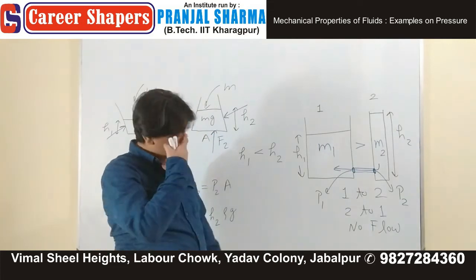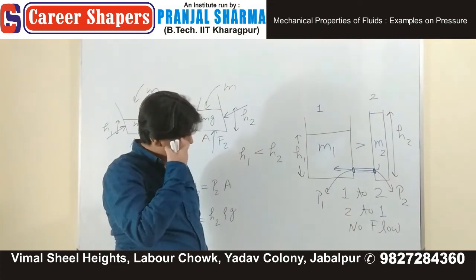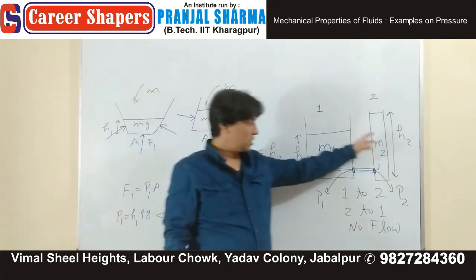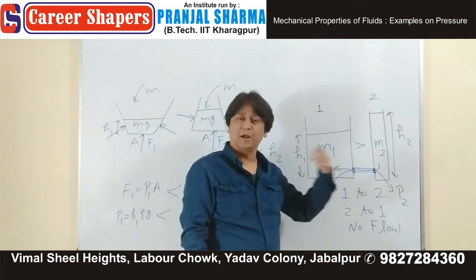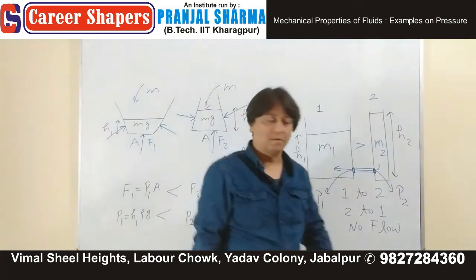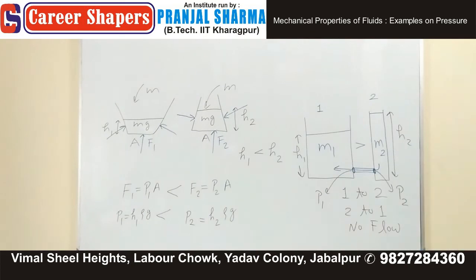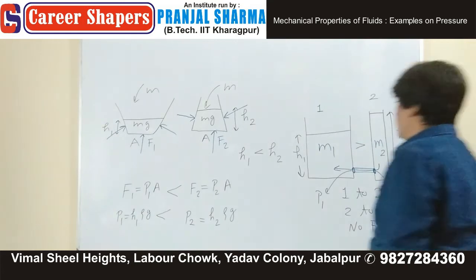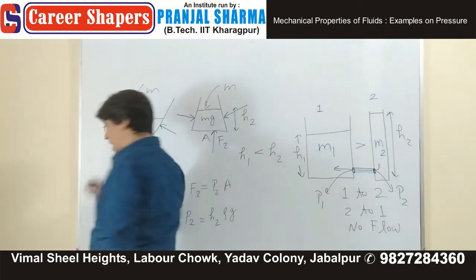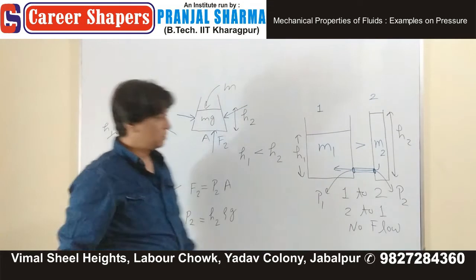Now, second part of this question. As this water runs through this blue tube, ultimately an equilibrium will arise. Once that equilibrium arises, in which tank will the height of the liquid column be more?